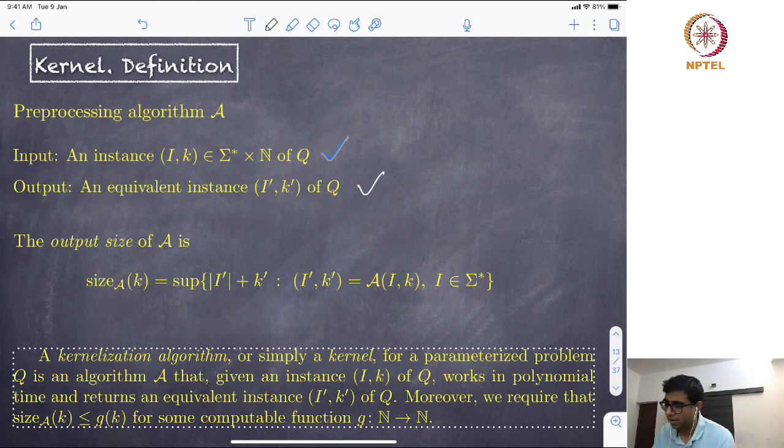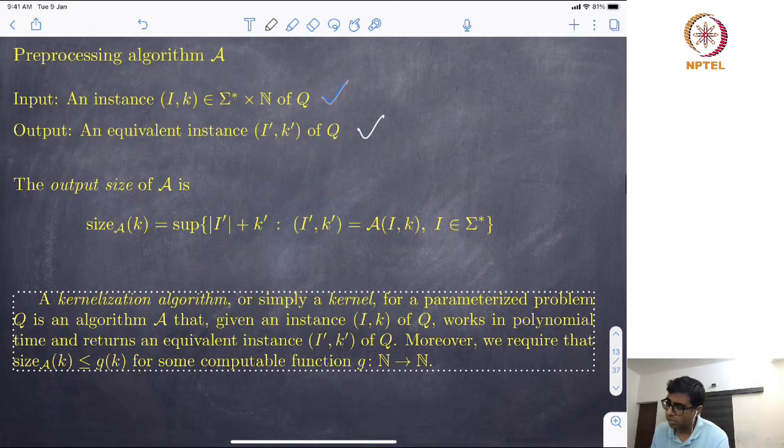This is why it is defined formally in terms of supremum, but let us not care about that, because we will be able to analyze the size by hand. A kernelization algorithm, or simply a kernel for a parameterized problem Q, is an algorithm A that, given an instance (I, k) of Q, works in polynomial time and returns an equivalent instance (I', k') of Q.